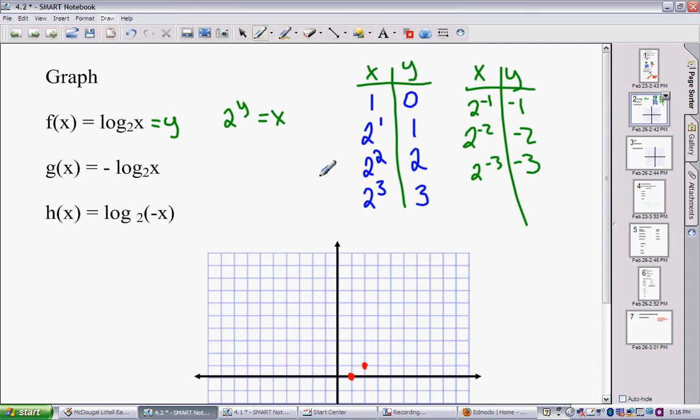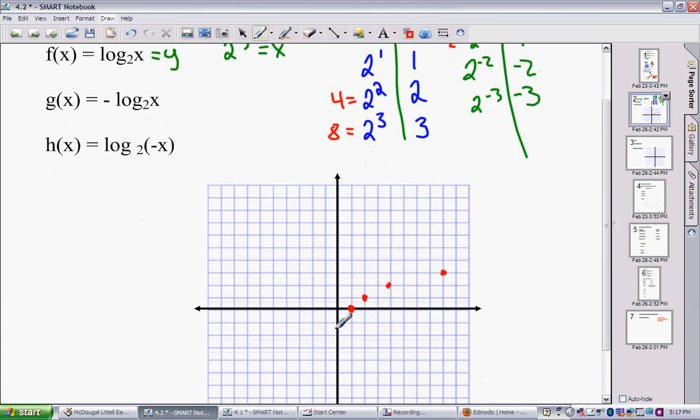So 2 squared is 4, up 2. 2 to the third, 3. So 2 to the third is 8, and up 3. On the other side, 2 to the negative 1 is 1/2. So 1/2, negative 1. 2 to the negative 2 is 1/4, negative 2. 2 to the negative 3 is 1/8, negative 3.